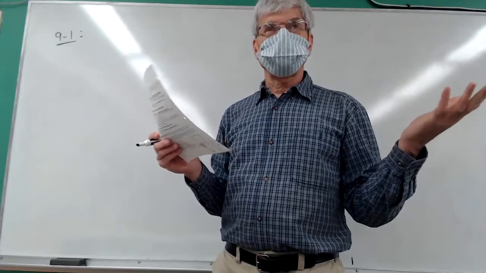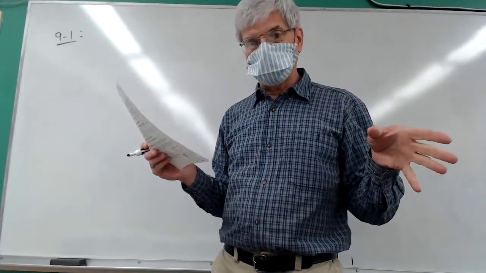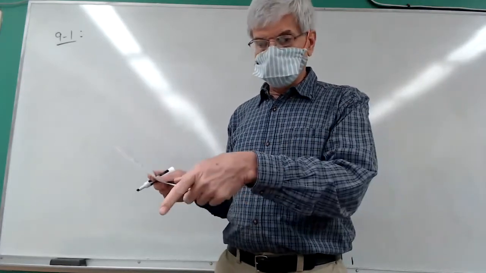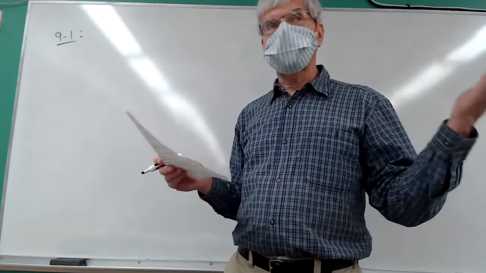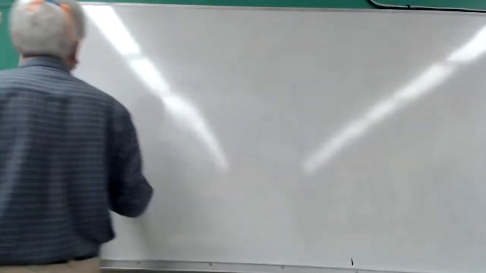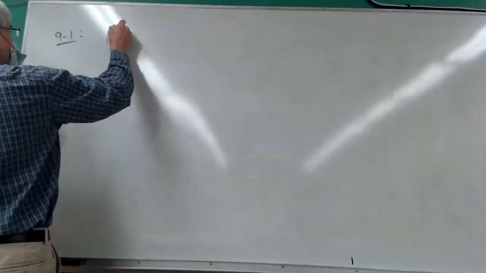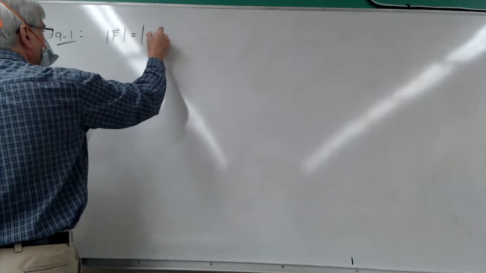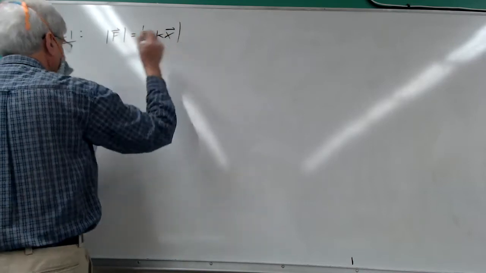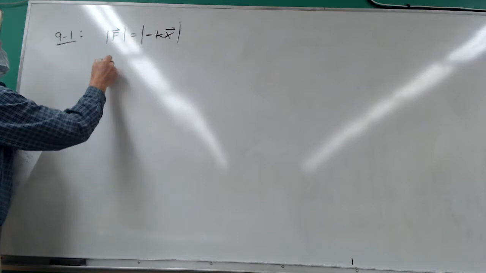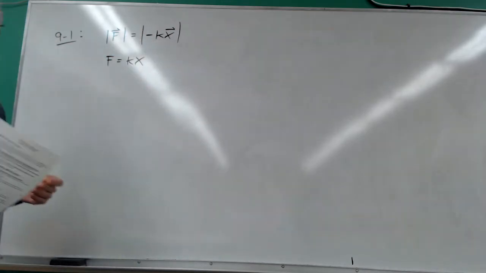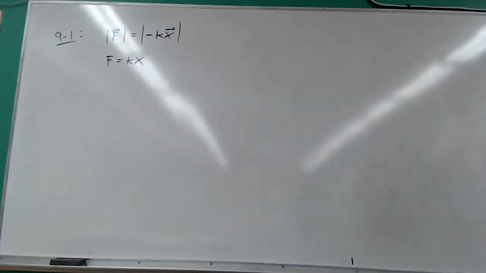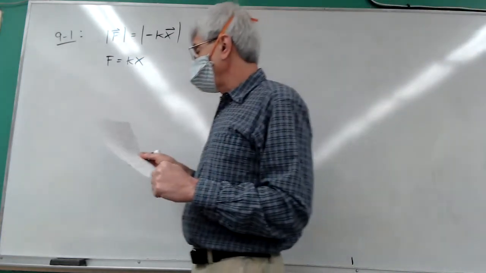So if you don't want to keep track of all that, and there is no reason to in a question like this, the simplest thing to do is just to slap absolute value signs onto both sides of the equation. So if you don't care about the directions, Hooke's law becomes just F equals KX.